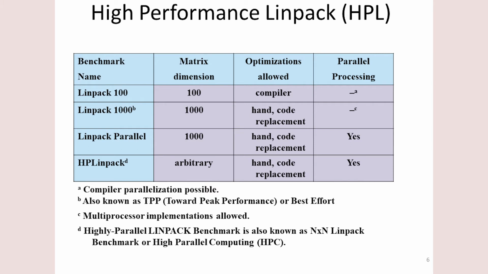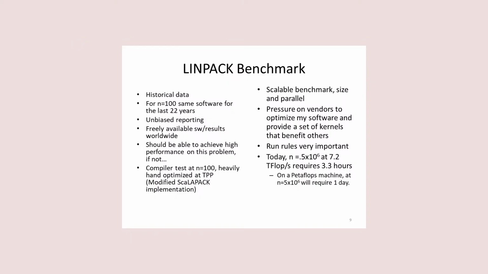We also included a matrix of size 1,000, to give two sets of numbers, for a small matrix and then for a large matrix. And with the large matrix, we said that you could do things beyond simple Fortran. You could do a better job of optimizing that code, and that was the standard for a long time.